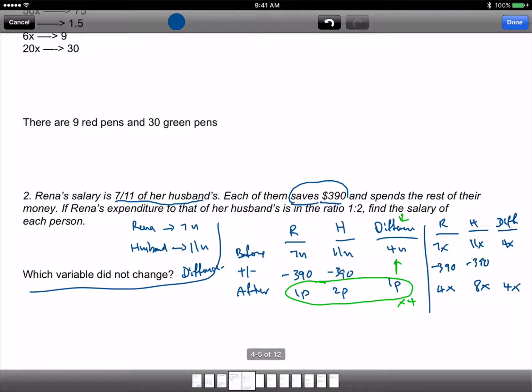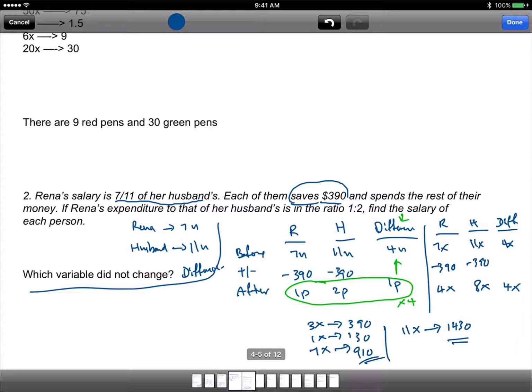So it's very clear now that 3x is equivalent to 390. So 1x represents 130, and to find each person's salary, 7x is 910, and 11x, which is the husband, is 1430.